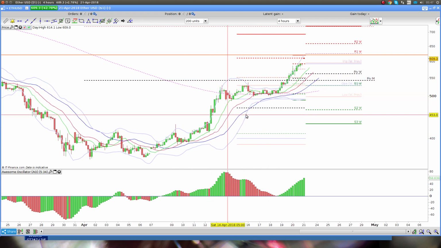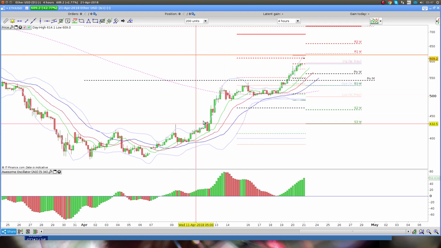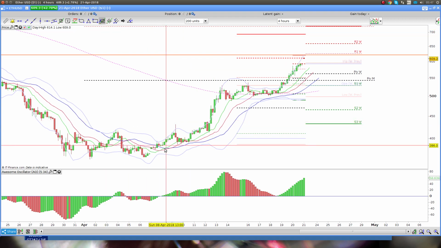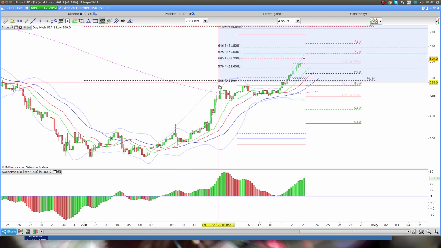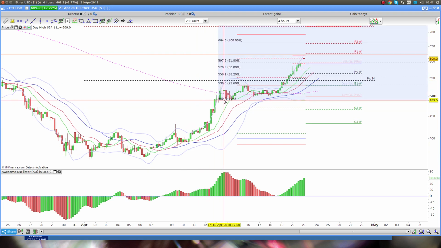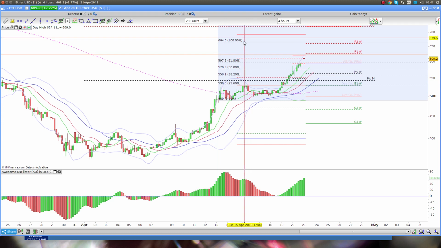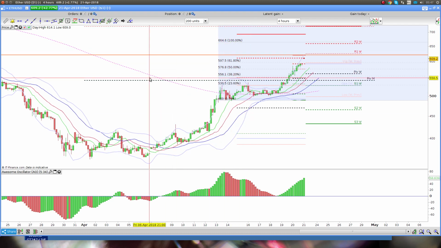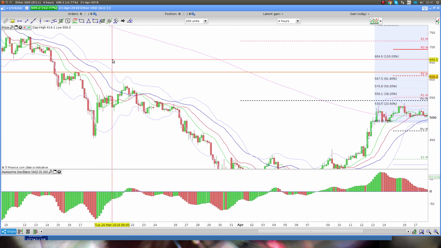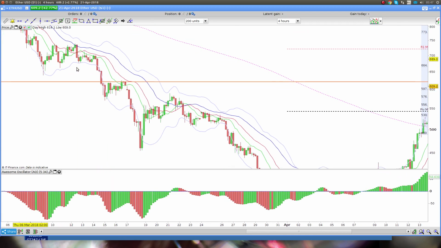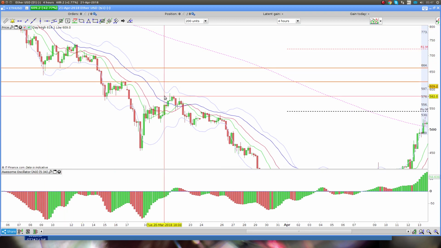So you always go back to look for the most logical one, and that's the most logical one. But you could argue, and some people will take it from here all the way to there, but that's not the most logical one, because we are at a resistance point here. If you look there, there is resistance there. It's that low there.